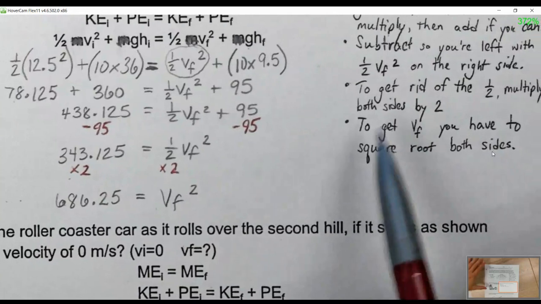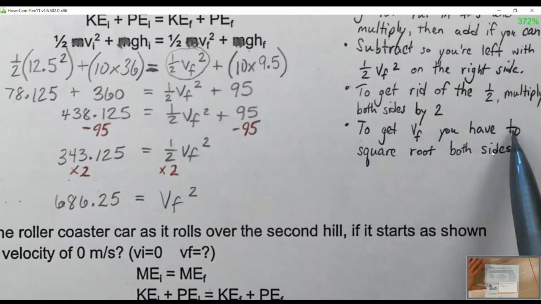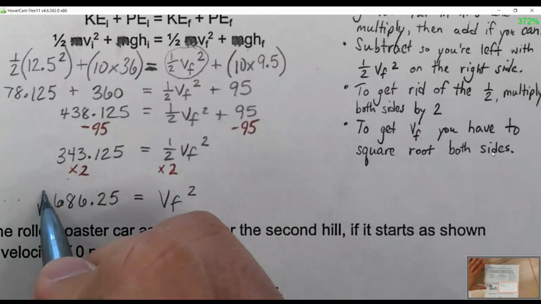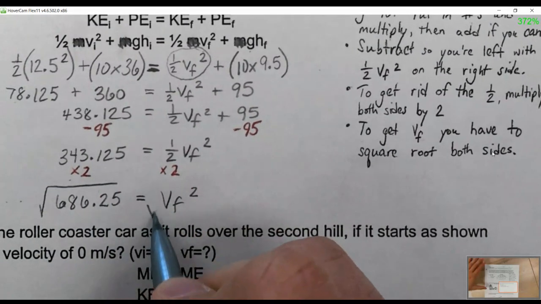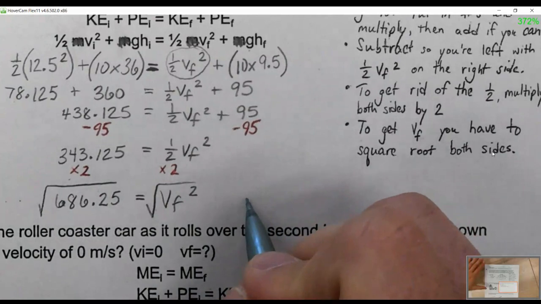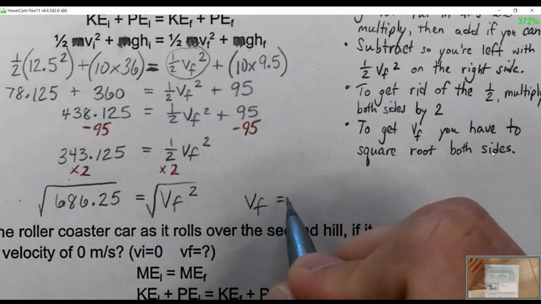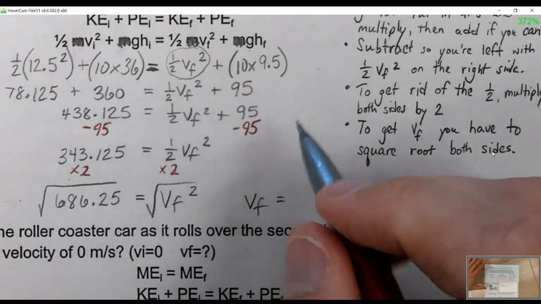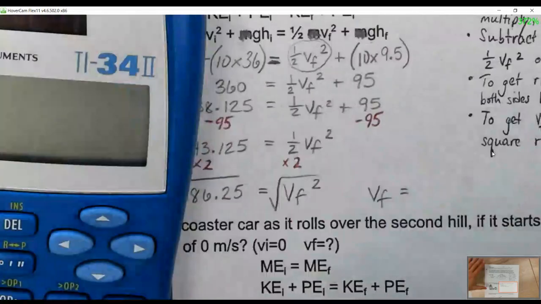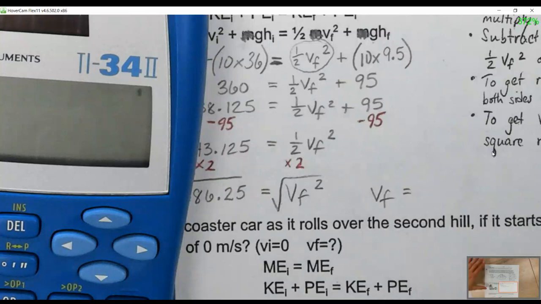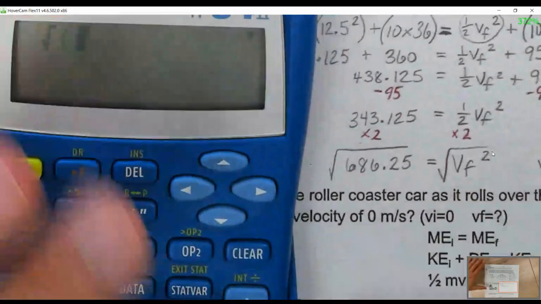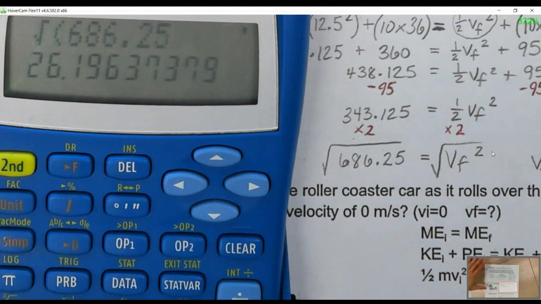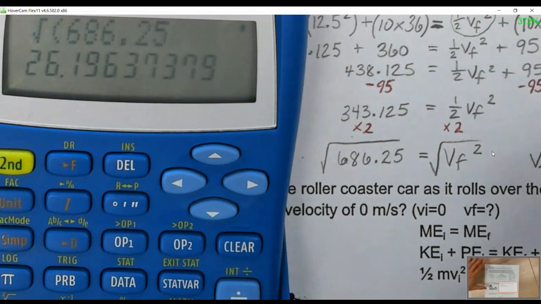Cool. And then I wrote, to get VF by itself, you have to square root both sides. When you square root something that's squared, that disappears. And so VF comes out to be roughly 26.2. If you take the square root of 686.25, we get 26.196 and some change.